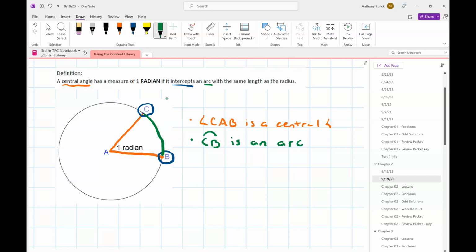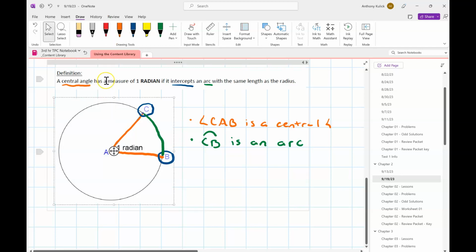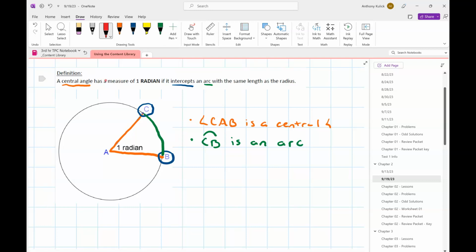And you remember what a radius is, right? What's a radius? Yeah, it's the distance between the center of your circle and any point on the circle. Is AC the only radius in this picture? No, right?